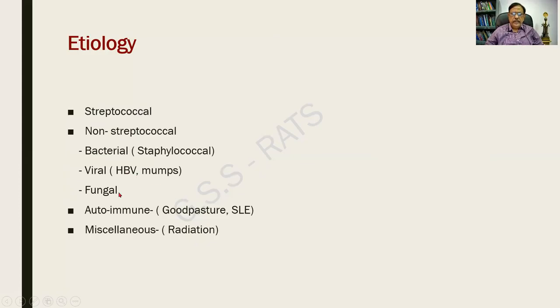Fungal infections can all result in glomerulonephritis. Autoimmune disorders such as SLE and Goodpasture syndrome. And there can be some miscellaneous causes such as radiation. Please mention this because the list of differential diagnosis is mandatory for you to mention.